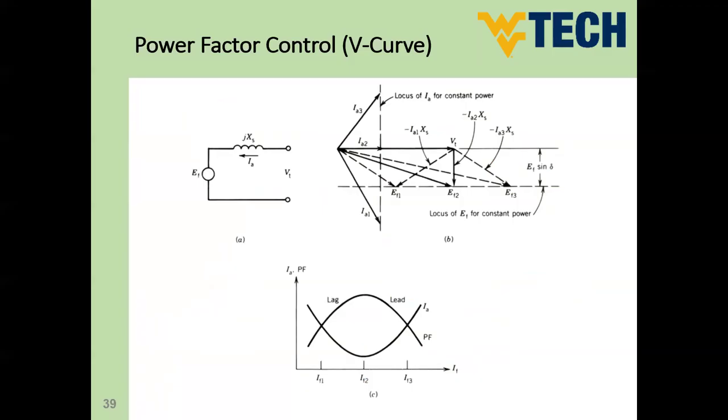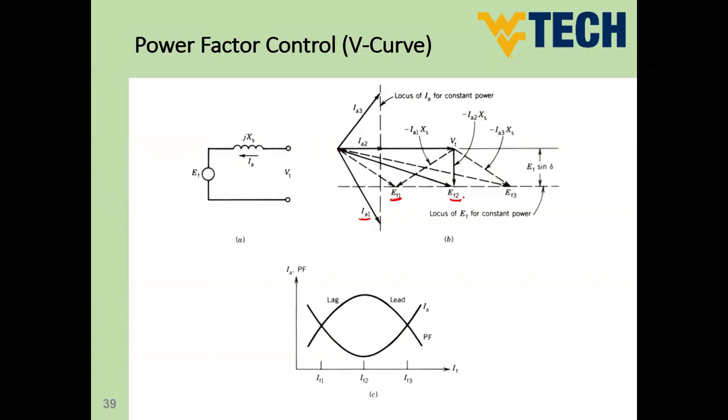So I mentioned many times now: control the power factor, control the power factor. How can we control the power factor? If we compare the three cases of the phasor diagram, here we have the first case, EF1, which is due to IA1, lagging the voltage here.